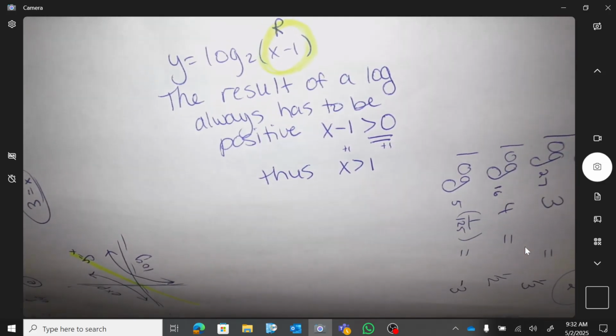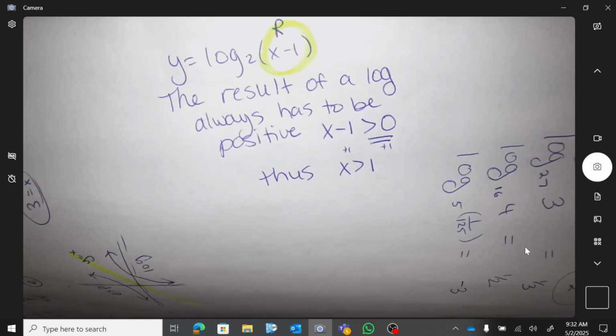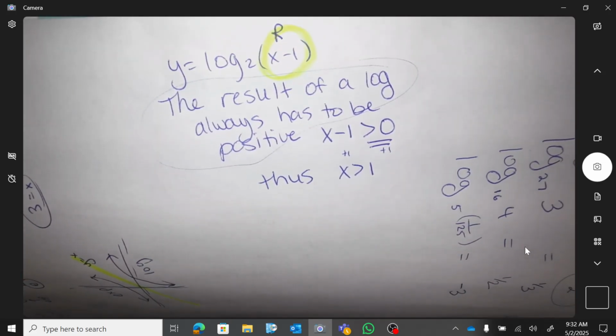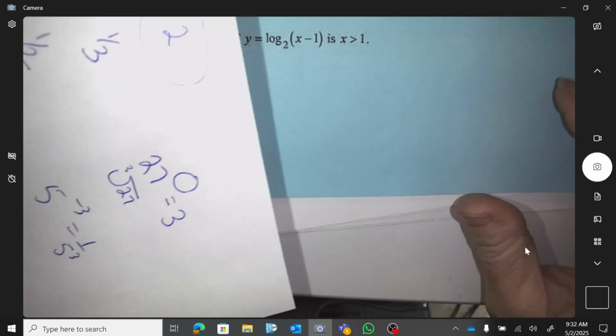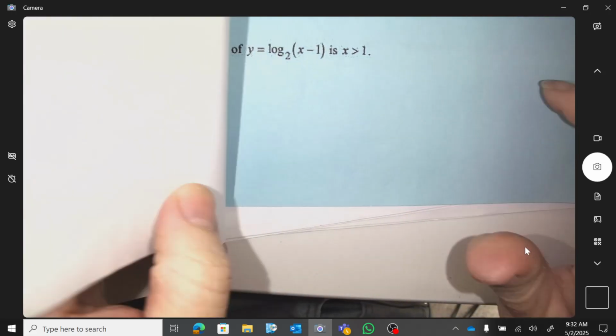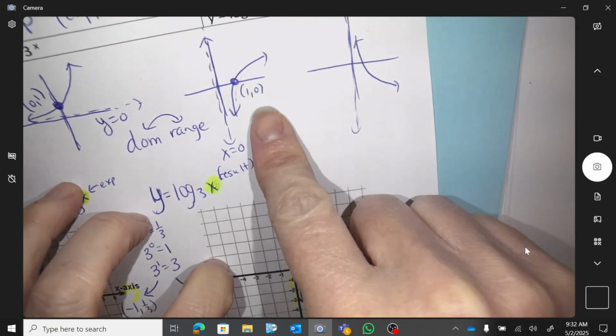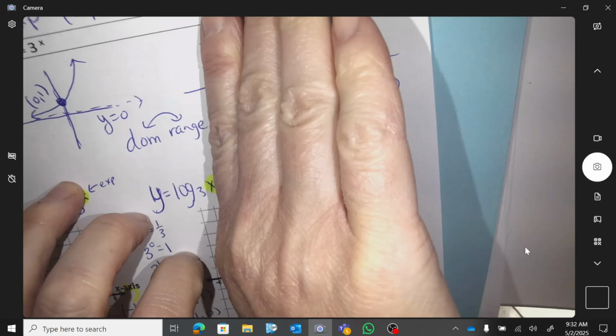Thus, if I algebraically just maneuver that, it's telling me that x has to be greater than 1. Okay, but this is my explanation in words because it says explain. The result of a log always has to be positive. And that is why when we talked about our original log, look at the domain.